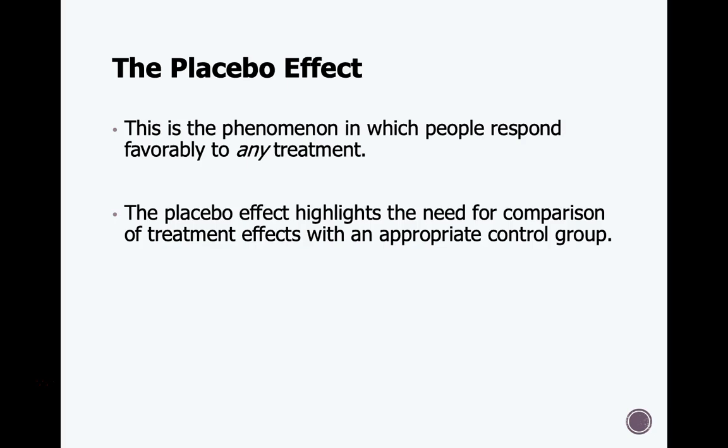And even if it's a situation where you're not, say you're working on lab mice or something, they don't know what they're getting. They don't know what you're doing to them. They don't know you're trying to make them better or make them feel worse. But you still need that control group to sort of say, okay, this is what happens when nothing happens, and this is what happens when something happens. And it's just a way to make a better designed experiment.